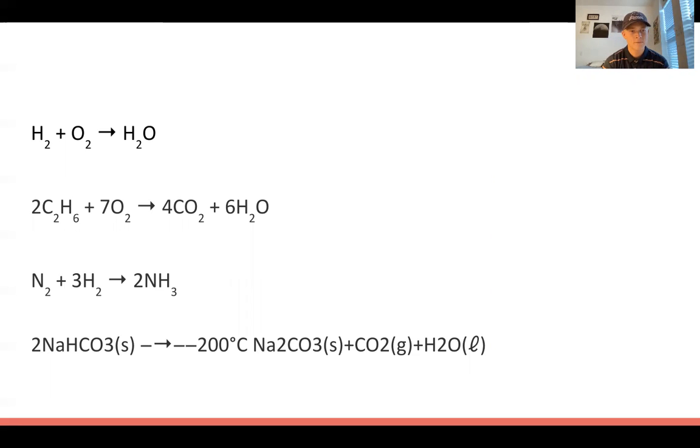They have numbers next to the element sign or the compound sign. And then the bottom one has phase symbols to the right of the elements or compounds.